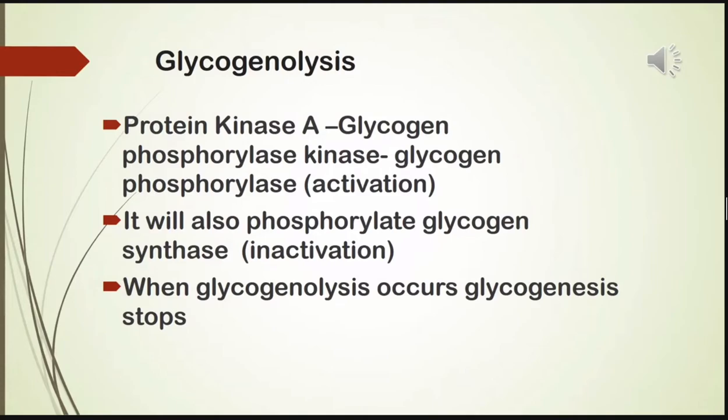Now, glycogen phosphorylase is for breakdown of glycogen, whereas glycogen synthase is for formation of glycogen. In short, if you're breaking down glycogen, you would be inhibiting the building up of glycogen. So the net result would always be one way. This illustrates the importance of how your phosphate group can regulate your enzymes.